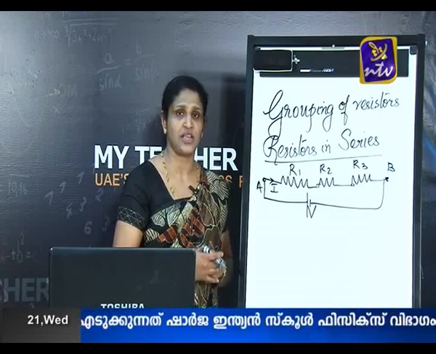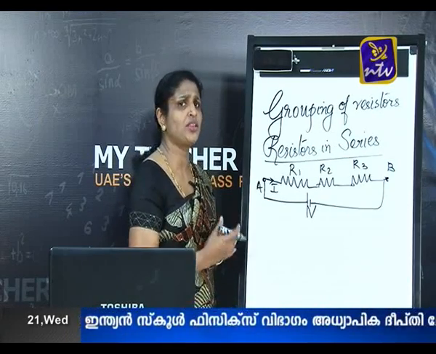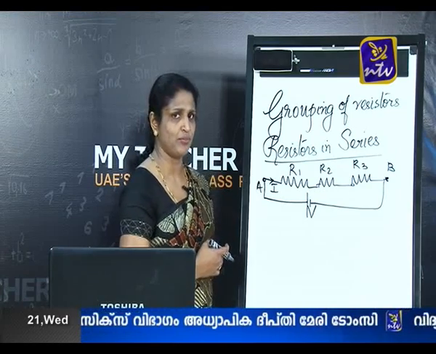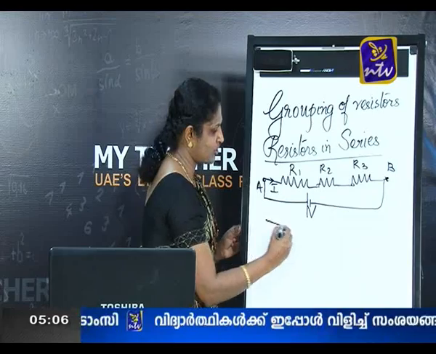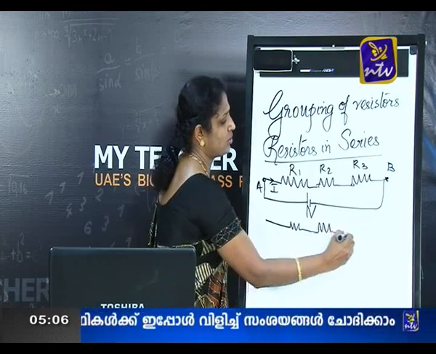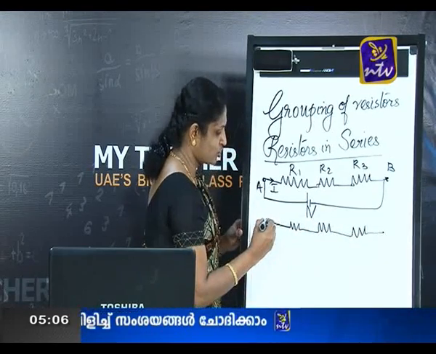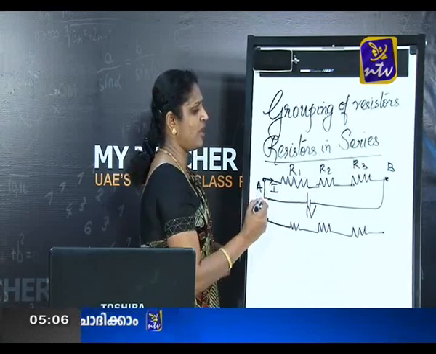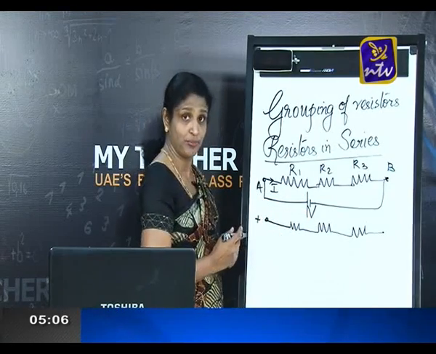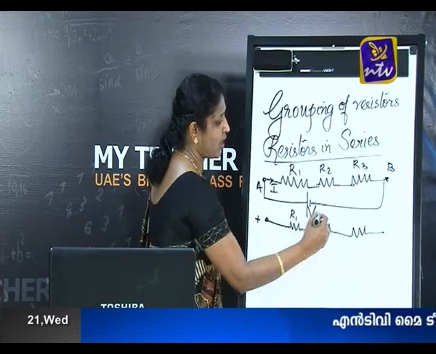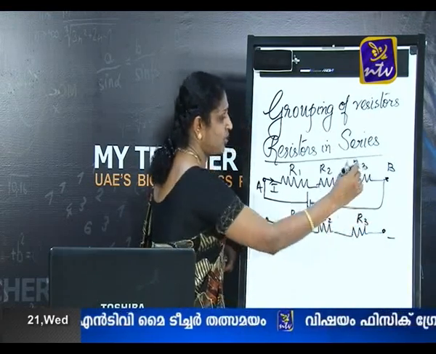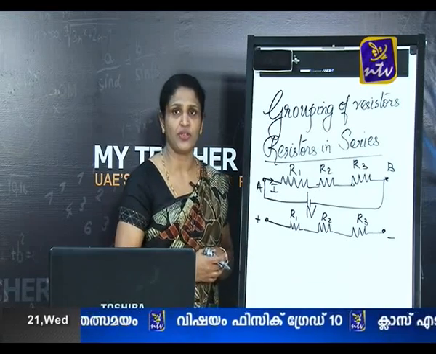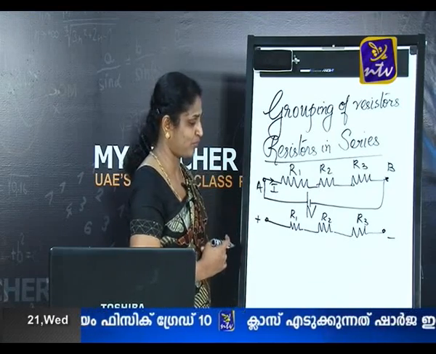To make this concept a little easier, let us remove the source and mark the point A positive, since A is connected to the positive of the battery, and mark the end B negative, since B is connected directly to the negative of the battery or the cell.